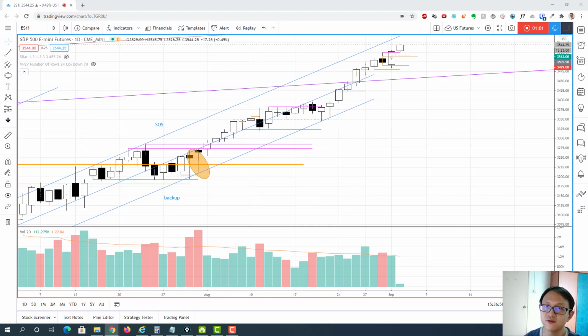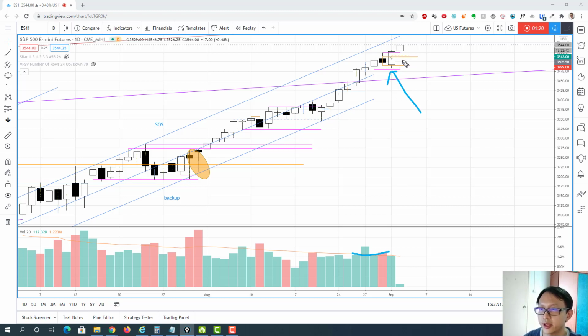So as we can see in this daily chart for the S&P 500, yesterday was another bullish day. In terms of volume, I think it's very similar to the past few trading sessions, so not much to talk about there.